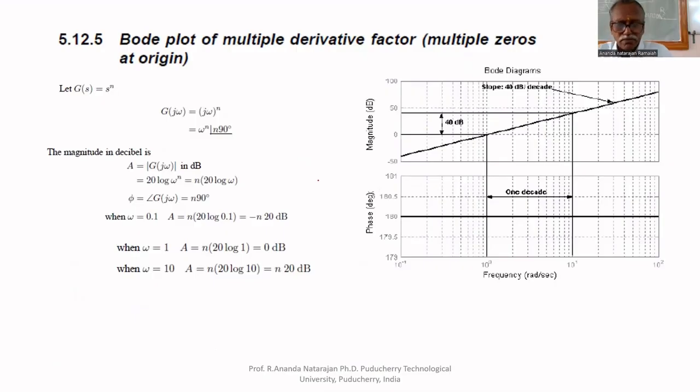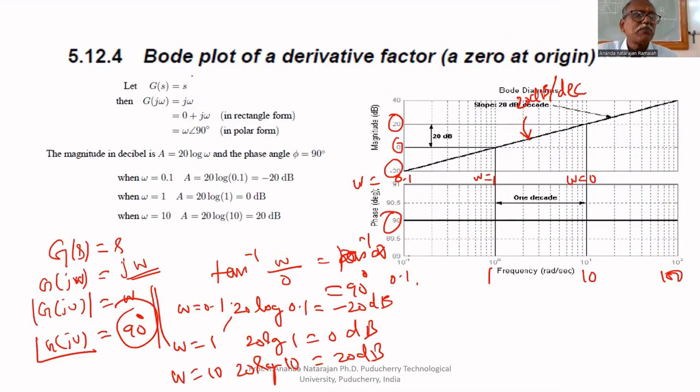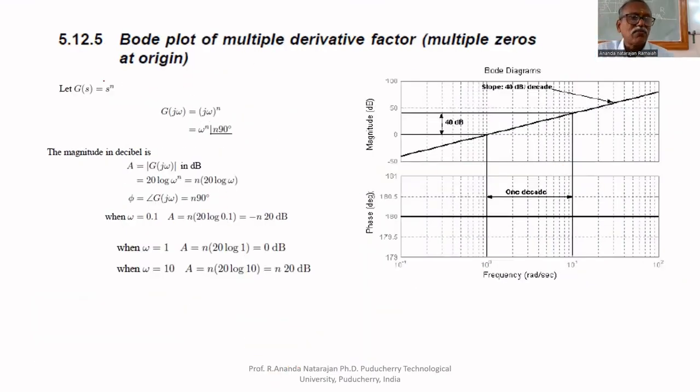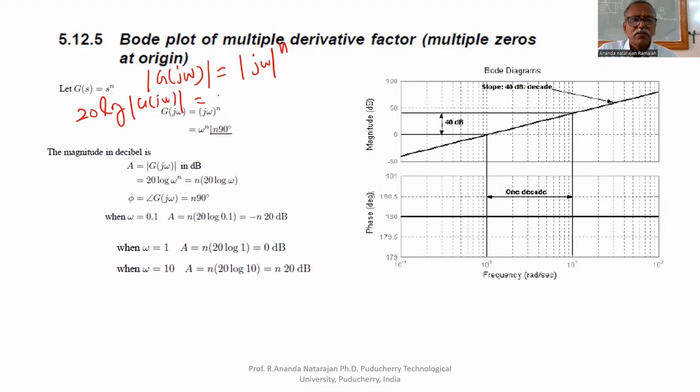Multiple factors: G of j omega equals s power n. In that case, the modulus of G of j omega equals the modulus of j omega to the power n. Therefore, 20 log modulus of G of j omega in dB scale is 20 log omega to the power n, which equals n 20 log omega.